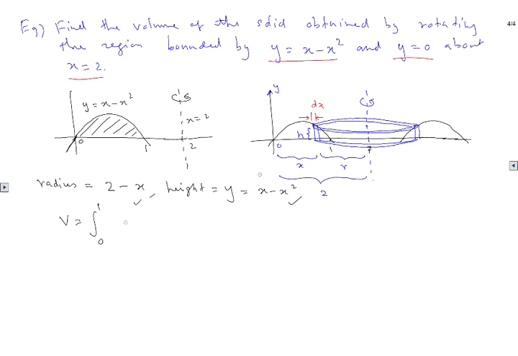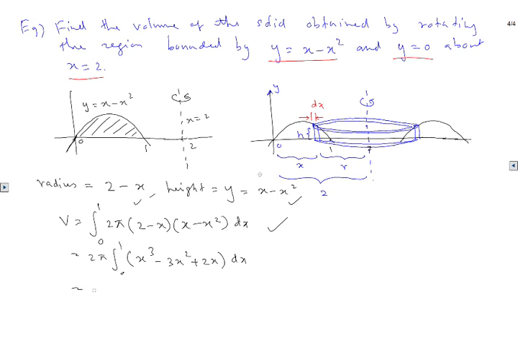And then it is 2 pi. The radius is 2 minus x. The height is x minus x squared. And it's a dx problem. Everything in x, so that means you can integrate. How do we do this? We're going to distribute first. If you distribute, you're going to get x cubed minus 3x squared plus 2x dx.